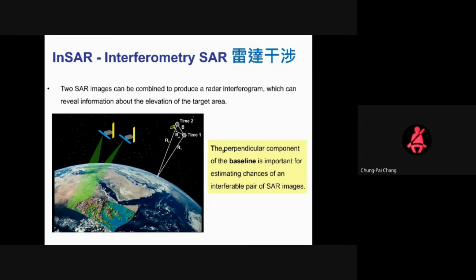So we can calculate the phase difference between the two images to find some important information, for example topography, and land surface deformation. Let's have a break for 5 minutes, and then I will come back and introduce how to use the phase information in the radar images to do some advanced study. Okay, so 5 minutes. Let's come back.